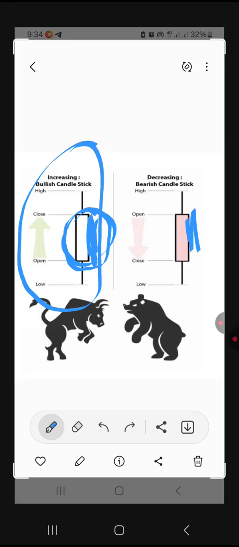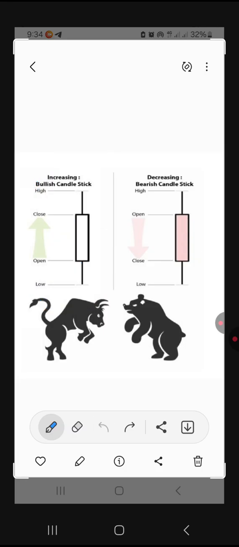So hollow candlesticks, where the close is greater than the open, indicate buying pressure. Filled candlesticks, where the close is lesser than the open, indicate selling pressure.